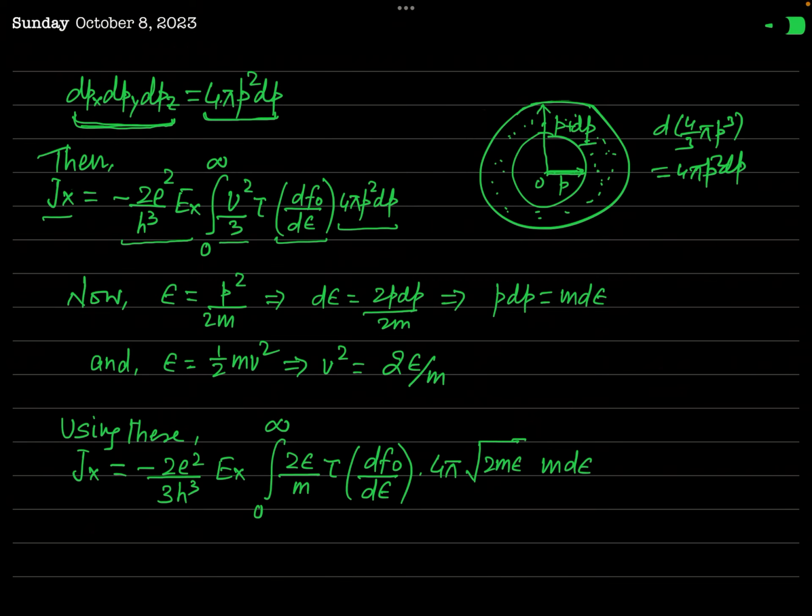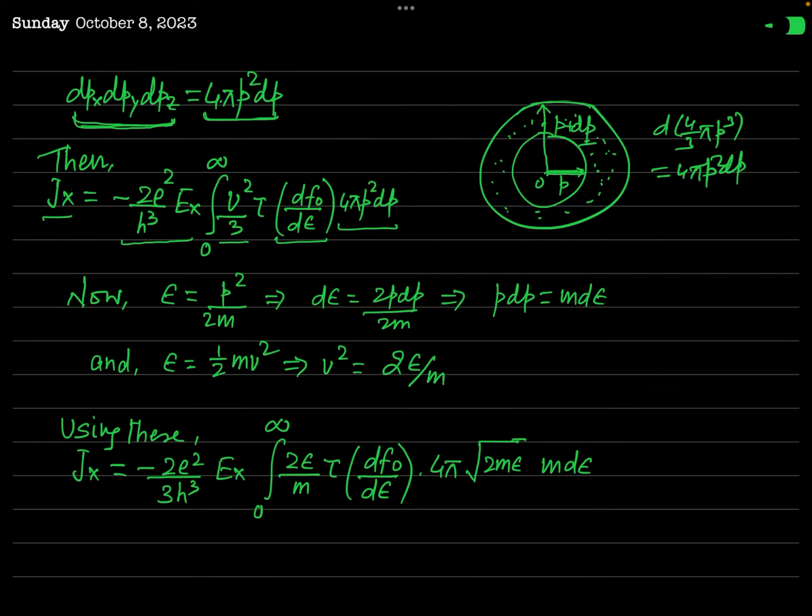Here the limits for the speed of electron or the magnitude of momentum has been taken 0 to infinity. This is a classical idea, because you know in Fermi-Dirac statistics we use the mixed concept. On one hand, you are talking about the purely quantum mechanical idea of a spin of electron, but on the other hand you talk about the phase space, which is a purely classical idea.